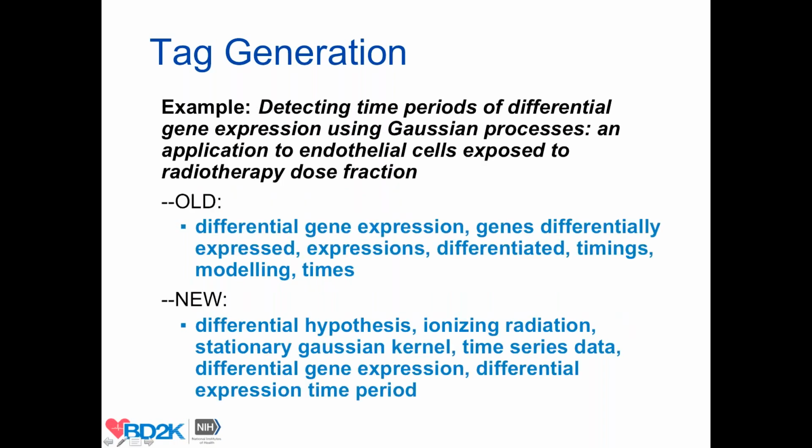There's another example about the differential gene expression using the Gaussian processes. And the stationary Gaussian kernel is very important in this paper, in this tool, so we list it here. And the times are kind of duplicate and meaningless.